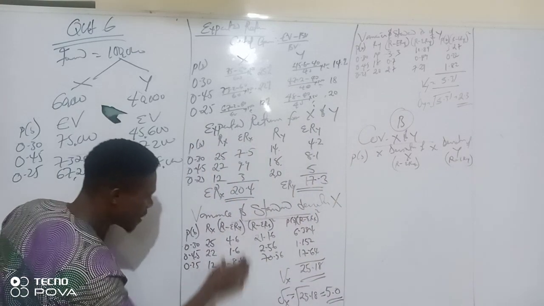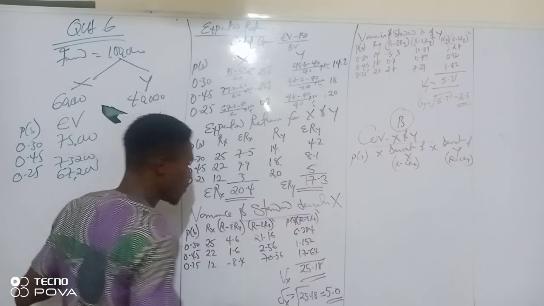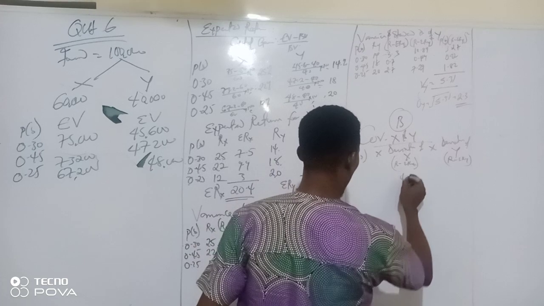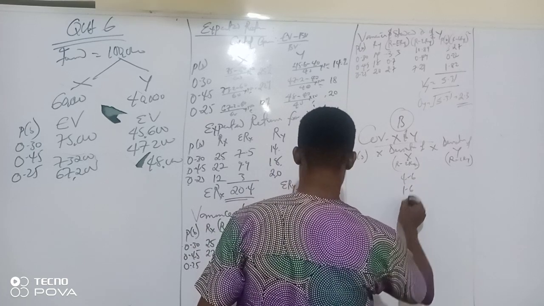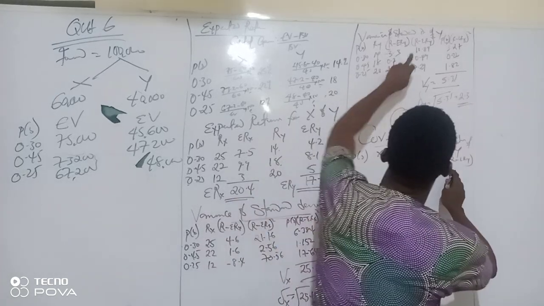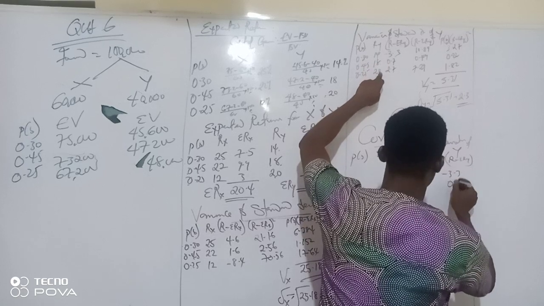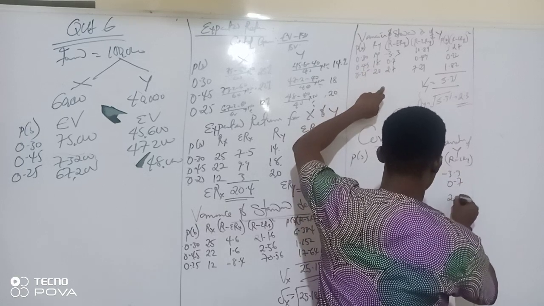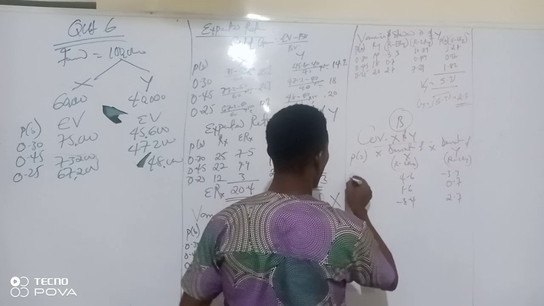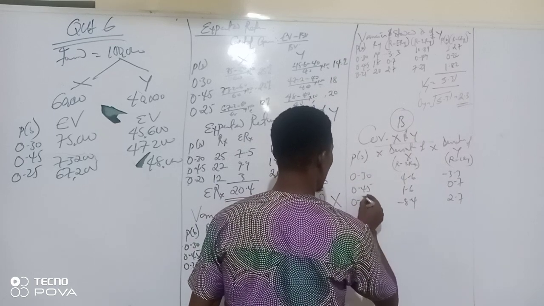Coming back to our table, for X we have 4.6, 1.6, minus 8.4. For Y, we have minus 3.3, minus 0.3, and 1.7. Probability remains 0.3, 0.45, 0.25.